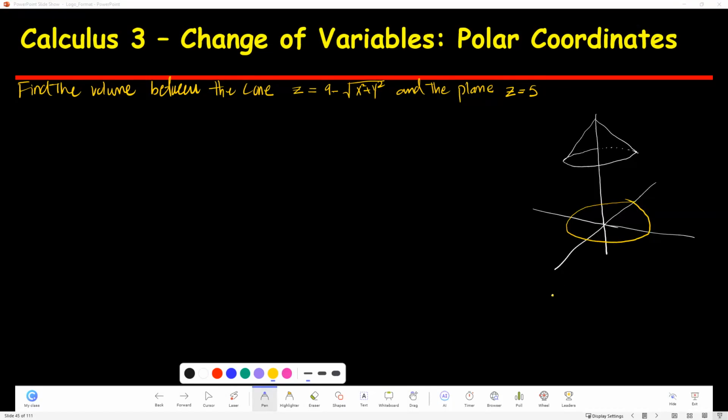And we need to find the volume between the cone and the plane z equals to 5. So z equals to 5 means z somewhere here, I need to find out the z value because this is the z-axis. And I'm going to be filling this thing so we can understand better. So I need to find out this volume.